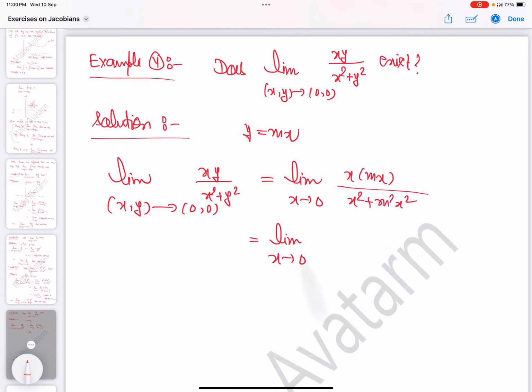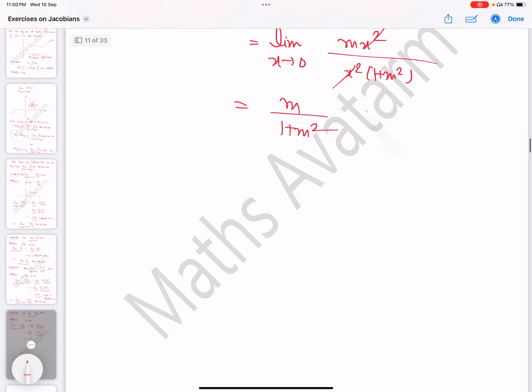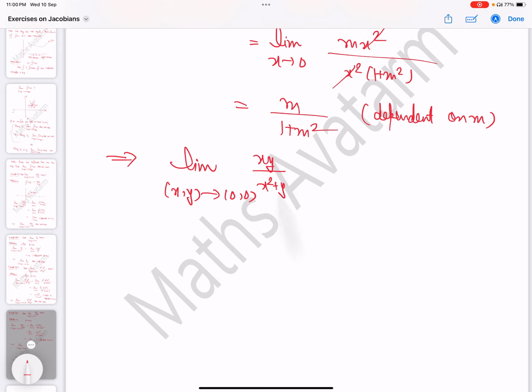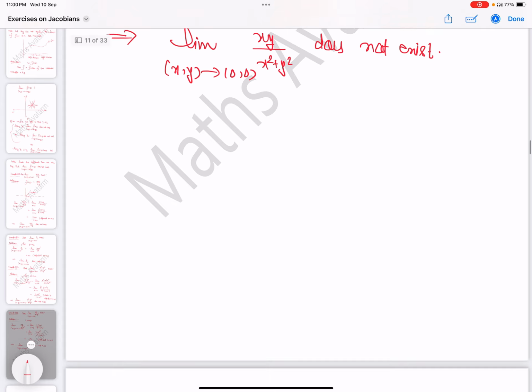So the limit x tending to 0 of m x square upon x square (1 plus m square), so this is m upon (1 plus m square). Again, this is dependent on m. So this implies the limit (x, y) tending to (0, 0) of xy upon (x square plus y square) does not exist.